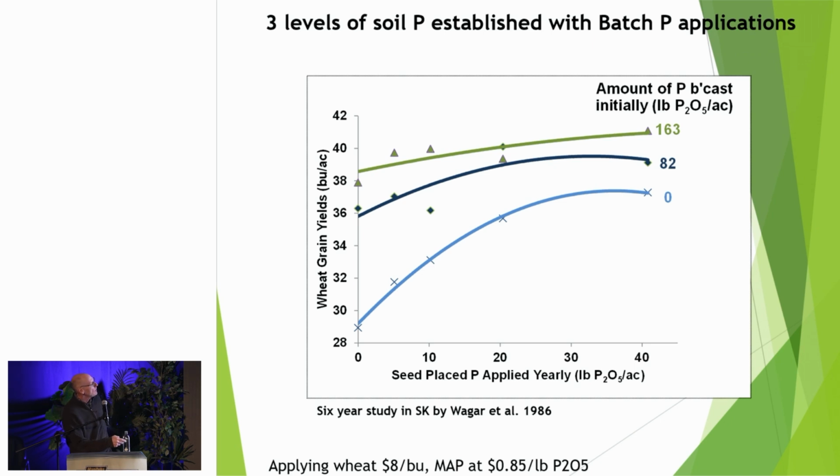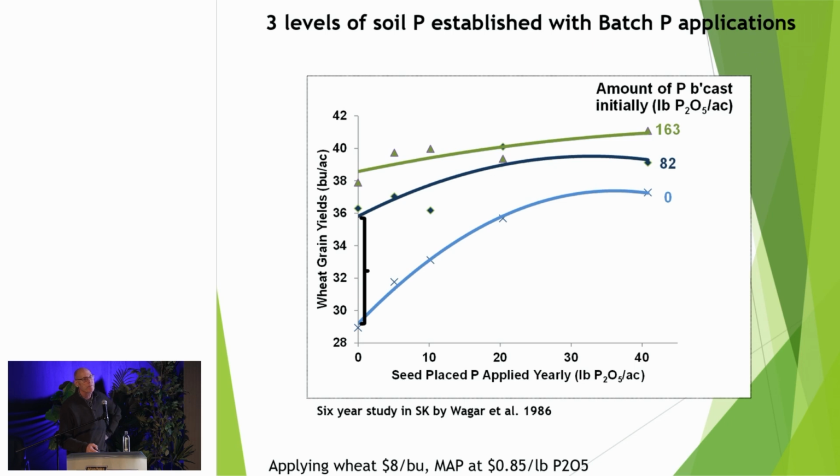I'm just going to look at these, not looking at the annual applications, but look at the yield levels that were created with those initial applications. If I look at that alone and apply even some of today's price economics of crop price and others, that 82 pounds put on there made a tremendous difference in yield.